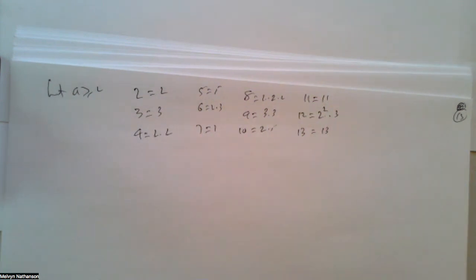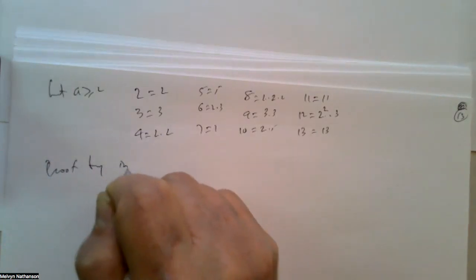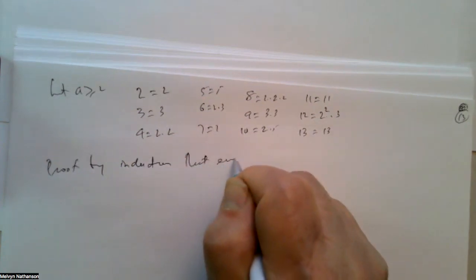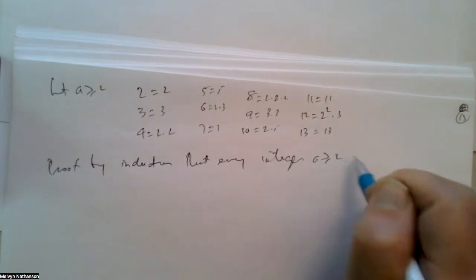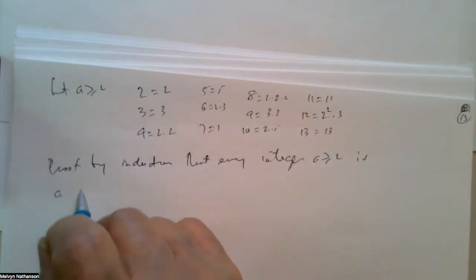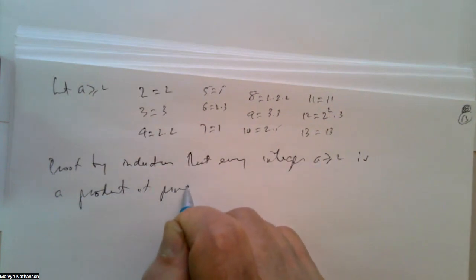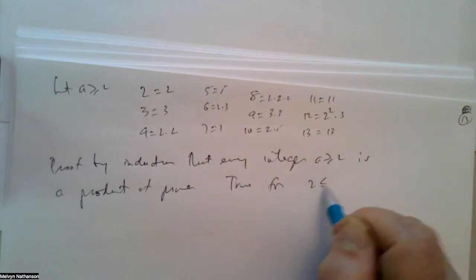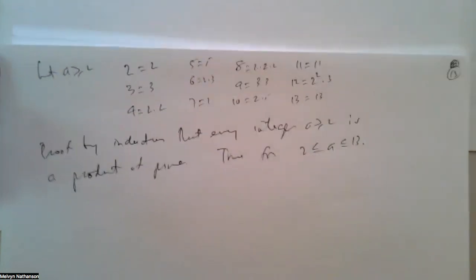So these first small positive integers are products of primes. I claim every number is a product of primes. So we're going to prove by induction that every integer A, at least 2, is a product of primes. We know it's true for A up to 13, for example. I just wrote down the list.